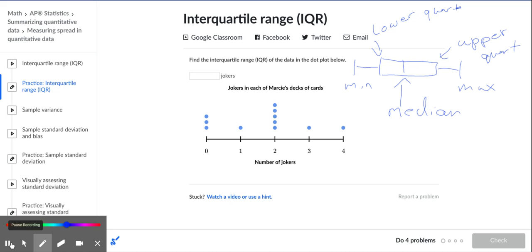The first thing we need to do is count how many data points we have so that we can find the middle one, right? So we have 1, 2, 3, 4, 5, 6, 7, 8, 9, 10, 11 data points.